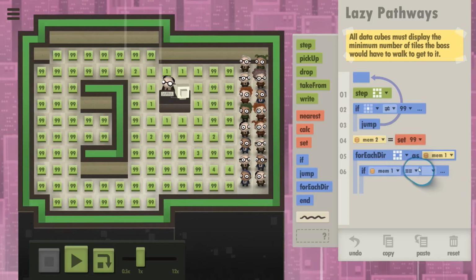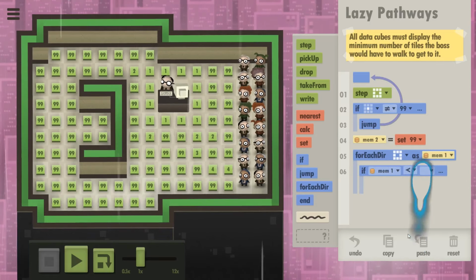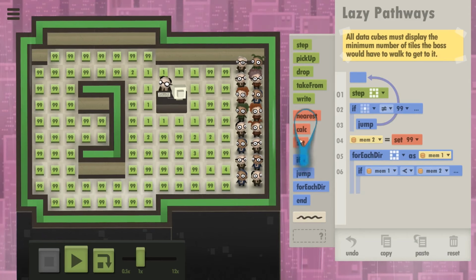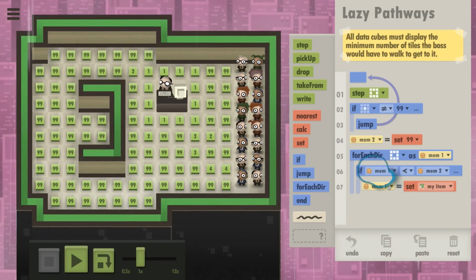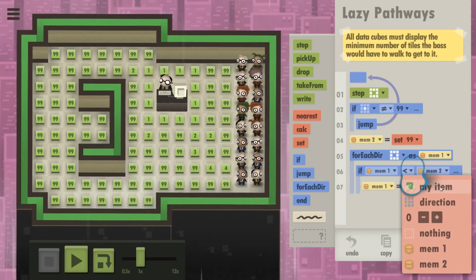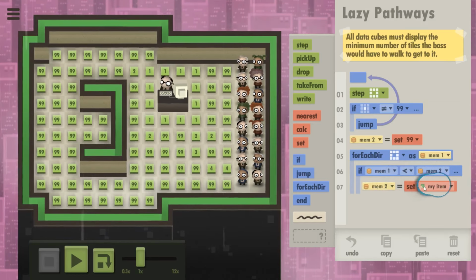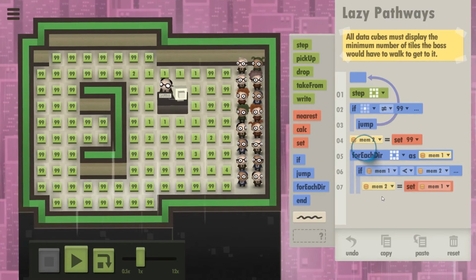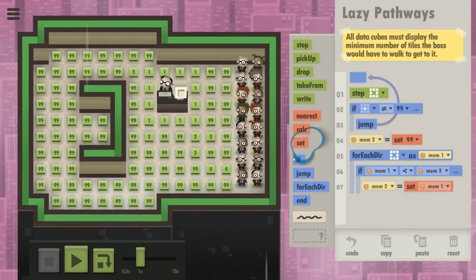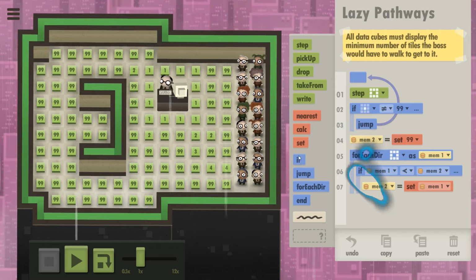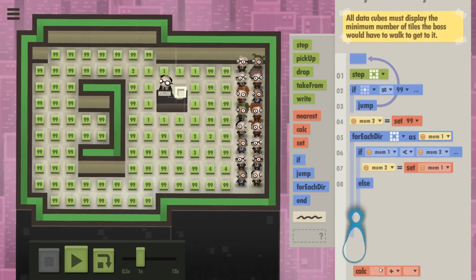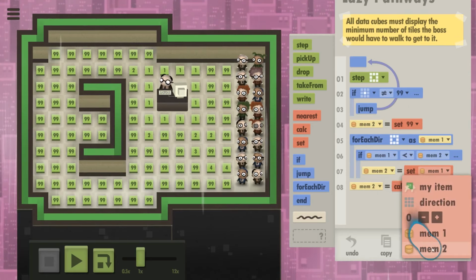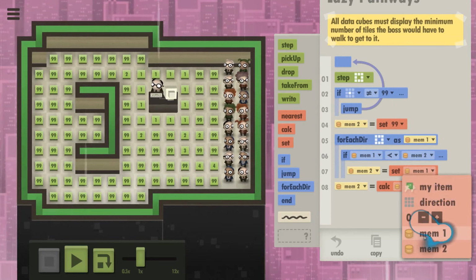If memory 1 is less than memory 2, set memory 2 equal to memory 1. It's for each direction. Then we calculate memory 2 equals memory 2 plus 1.